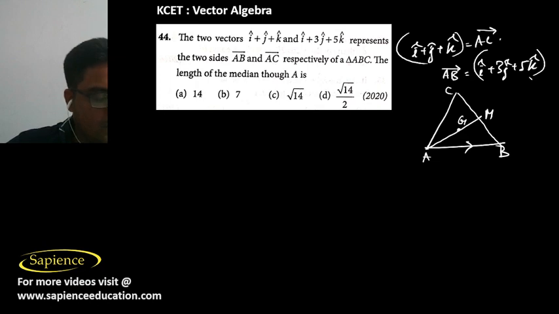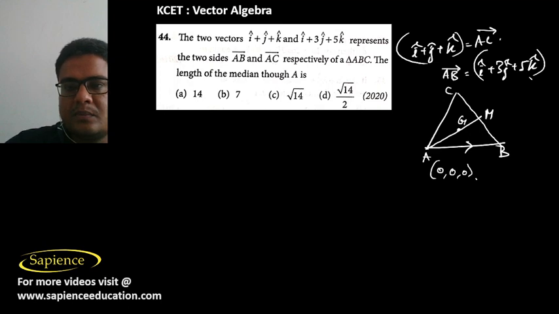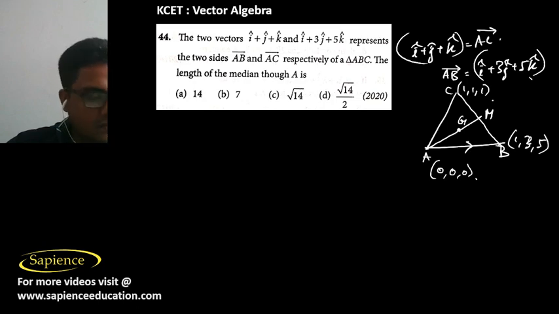So suppose we take the point A as the origin, then the AB vector is this, so I can write the coordinates of point B as 1, 3, 5. The coordinates of point C will be 1, 1. Then we can find the midpoint M of BC.